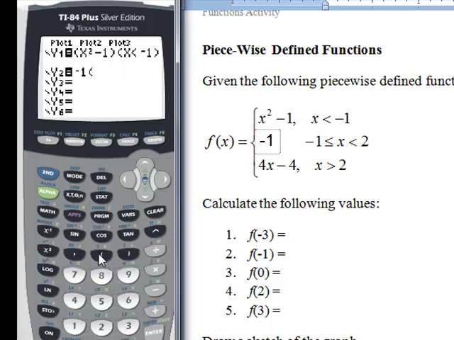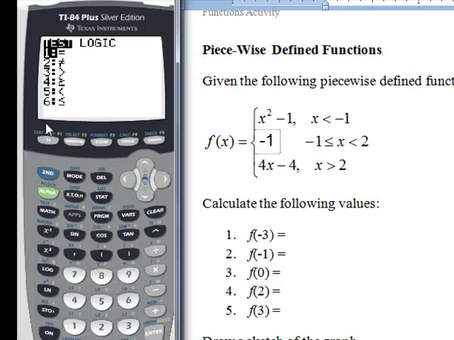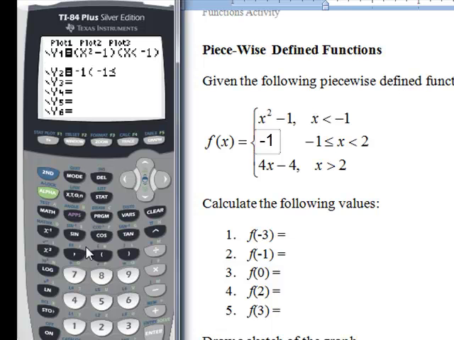Now the one thing that's different, we cannot put negative 1 less than or equal to x less than 2 all together. We have to do them both separately. So we do negative 1, remember it's 2nd TEST, less than or equal to is number 6, then our x, then we close the parentheses, and we'll need to open another set to do x less than 2.